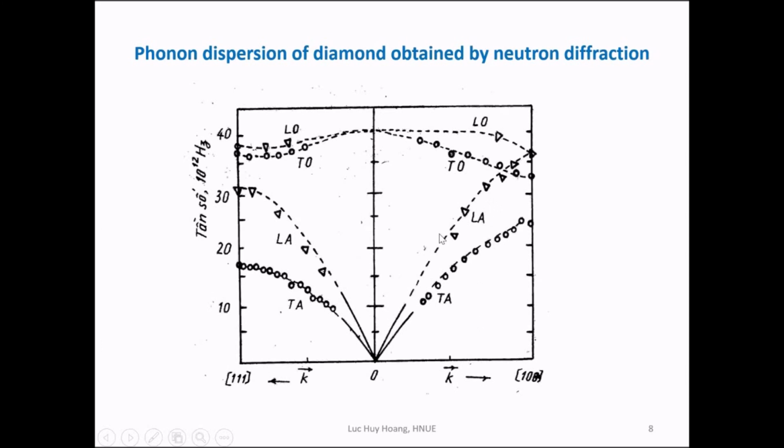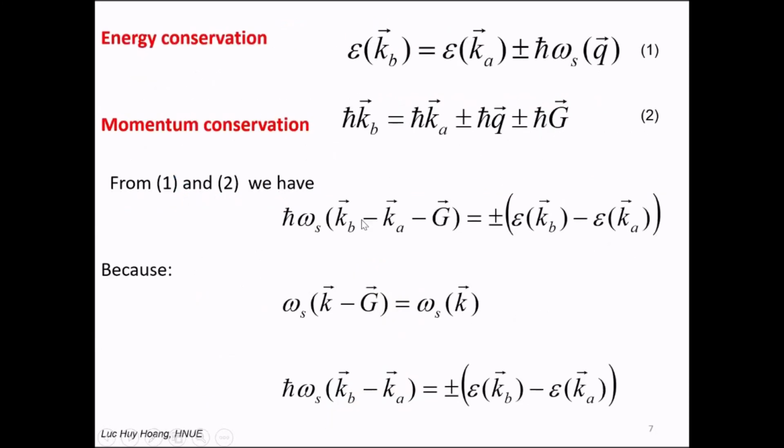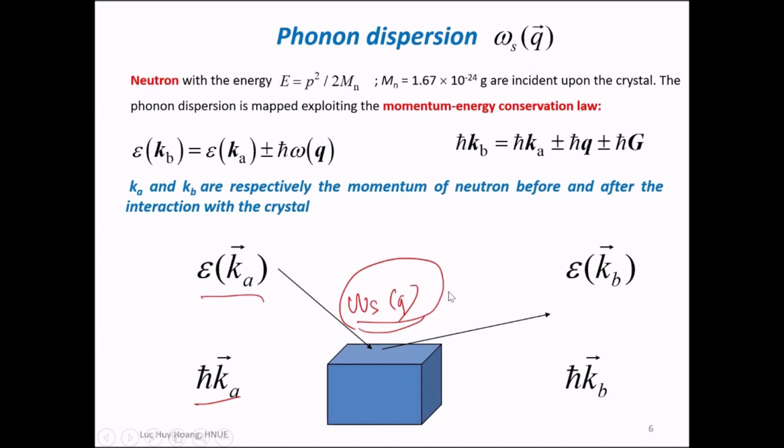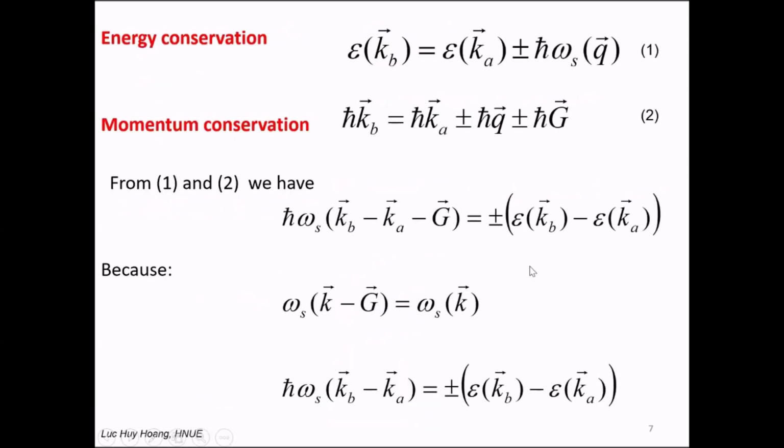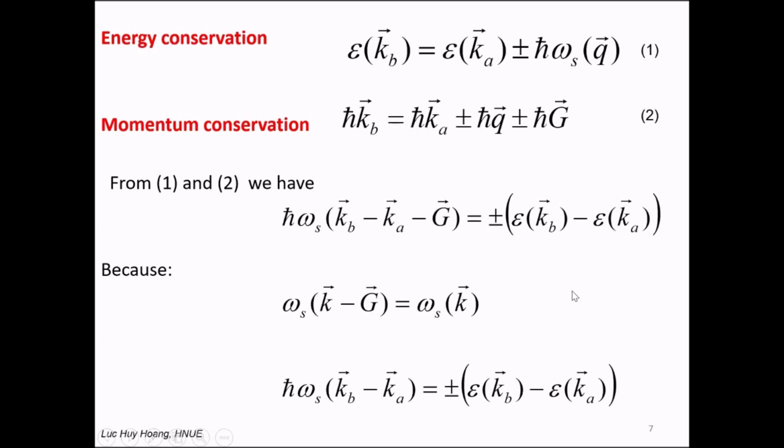So this is the real one, and we can see the exact frequency of the phonon. So we assume the phonon, and we give it energy, frequency, and momentum, and actually by experiment we can get exact information of the phonon.